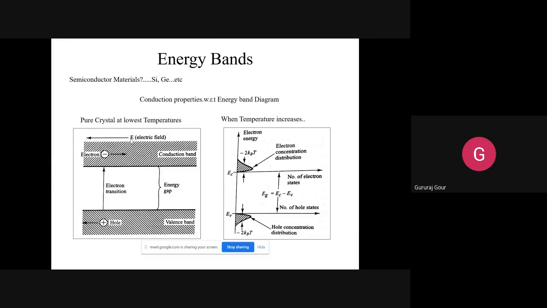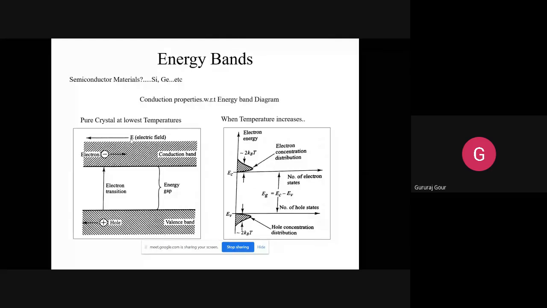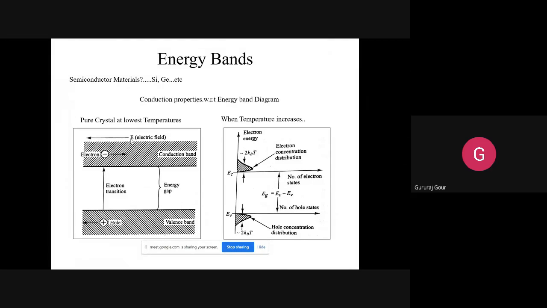A semiconductor's conductivity falls in between that of the insulator and the conductor. Likewise, the band gap is very small in case of conductors and very large in case of insulators. Very high energy is required for any electron residing in the valence band to jump to the conduction band.